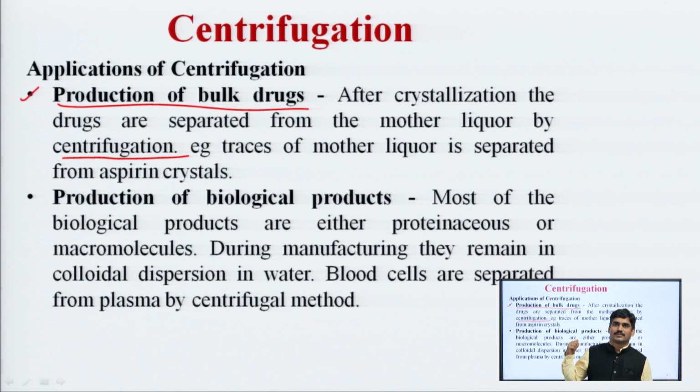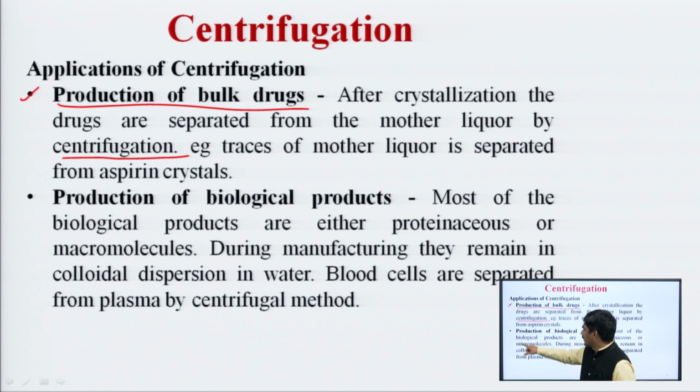Example, traces of mother liquor are separated from aspirin crystals. So, this is an example in which, after crystallization, the aspirin crystals are formed along with the mother liquor, and both the crystals as well as the liquor can be separated by using the principle of centrifugation.